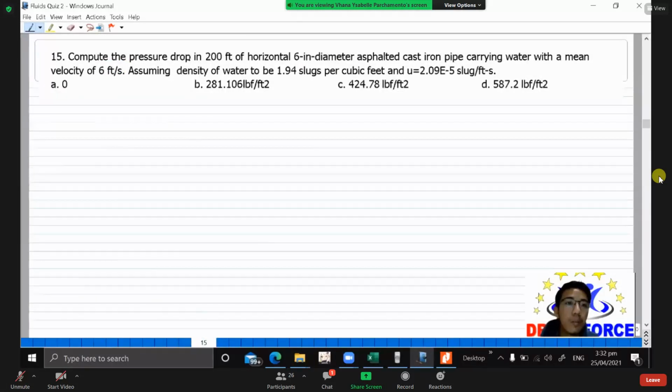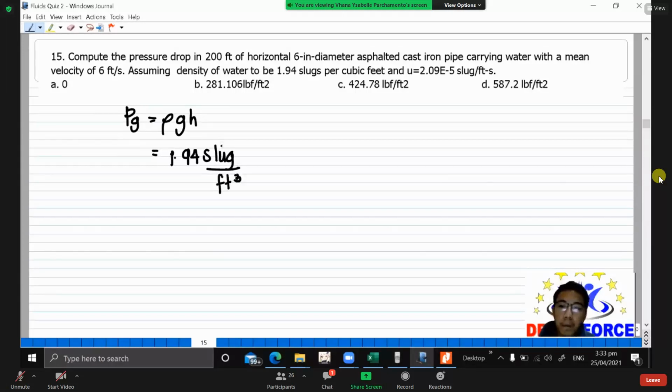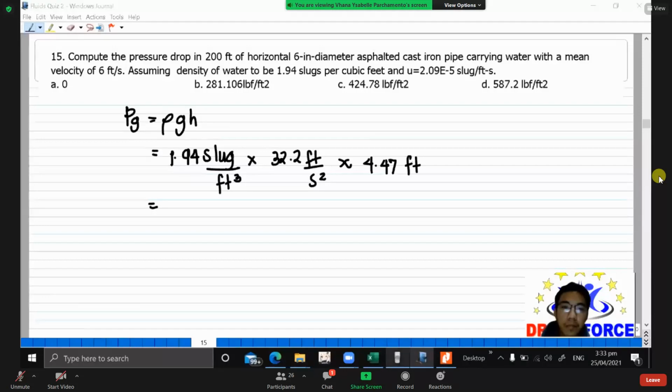So number 15, compute the pressure drop naman tayo dito. How do we calculate for pressure drop? So pwede mo nang gamitin yung ating gauge pressure formula. That is rho GH. Okay, density natin, that is 1.94 slugs per cubic feet, times G, 32.2 feet per square second, then times H yung nakuha natin sa number 14 na 4.47 feet.